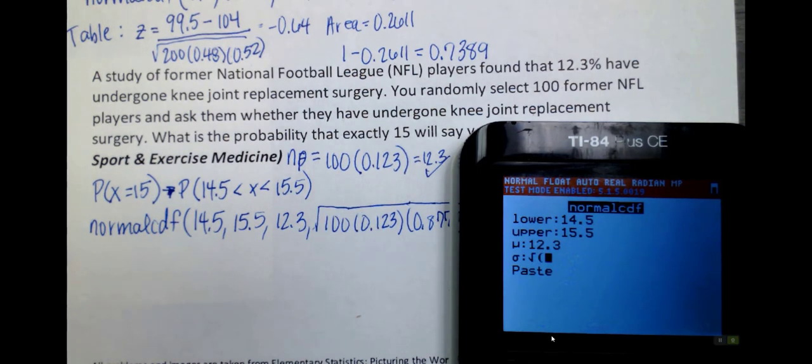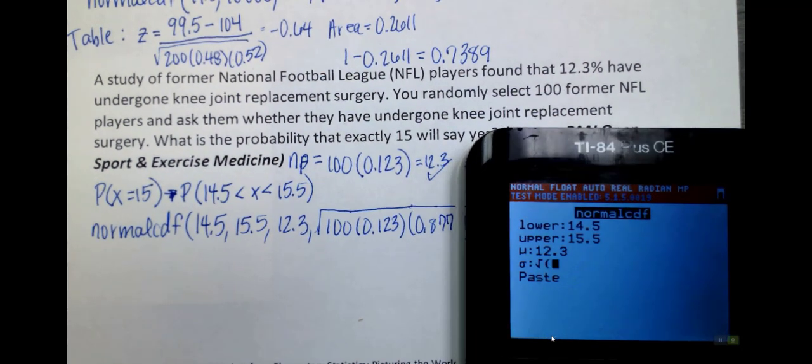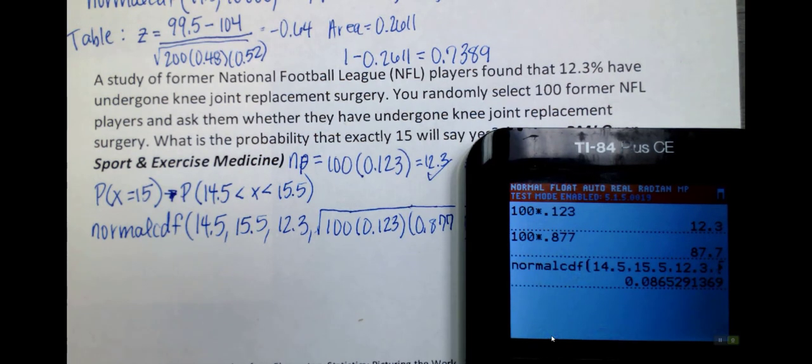So square root of 100 times 0.123 times 0.877. Close that parentheses. So 0.08, no, 0.0865.